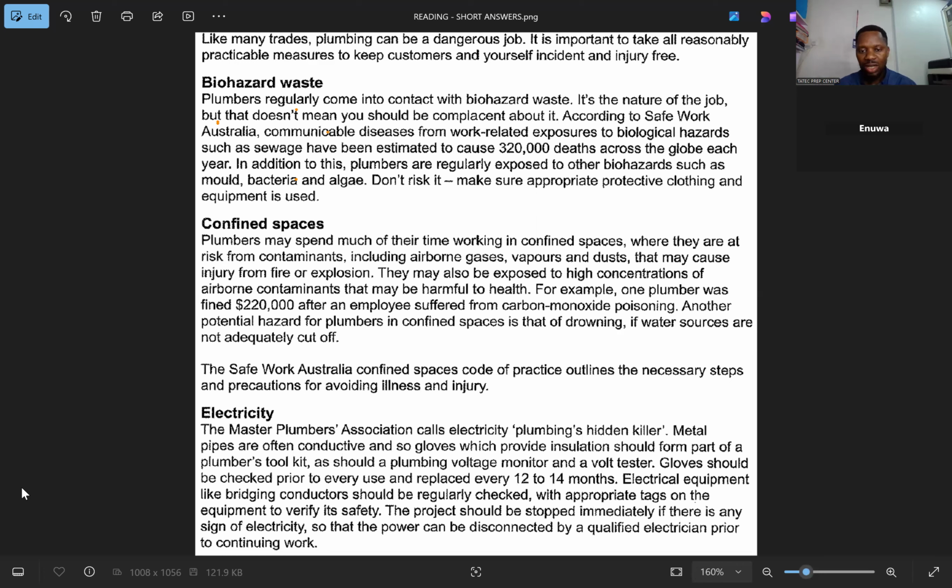As such, a plumbing voltage monitor and a volt tester. Now, from here, we found something that has to do with insulation, which we also saw at the question section. I believe we saw that.